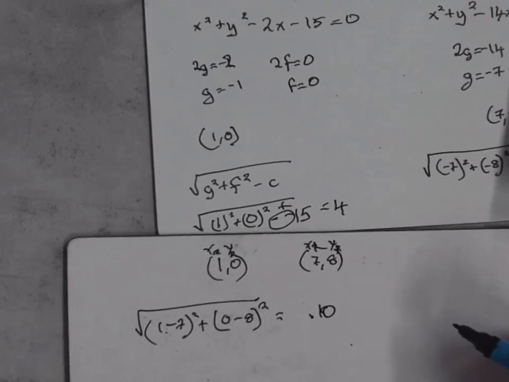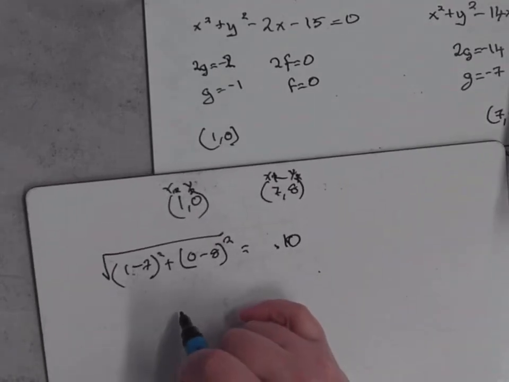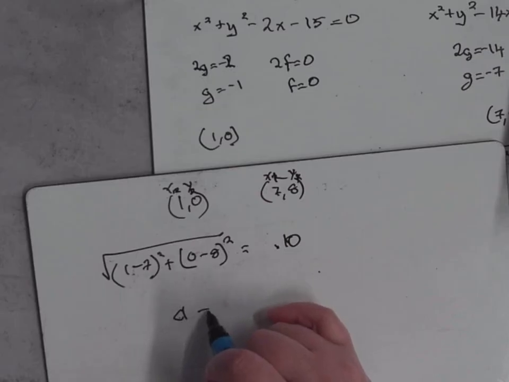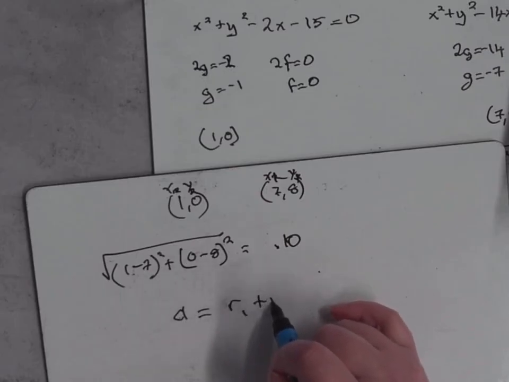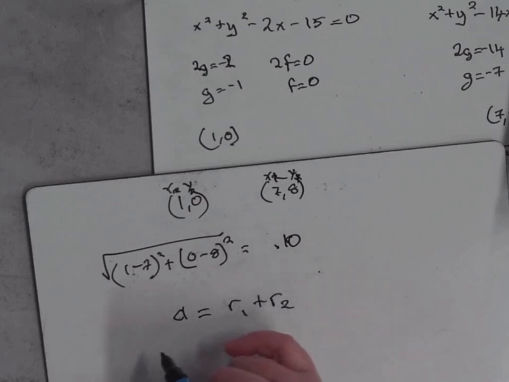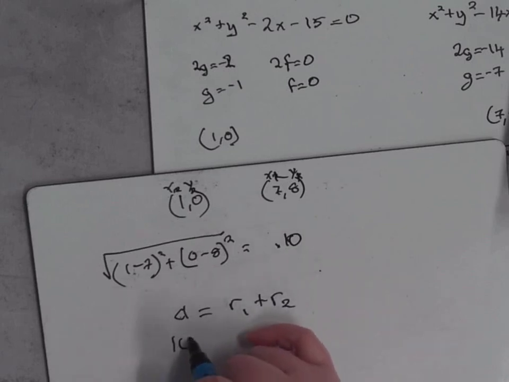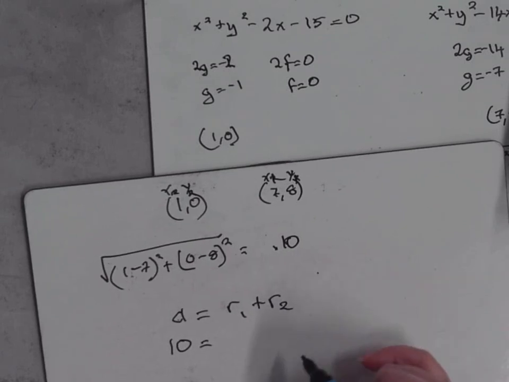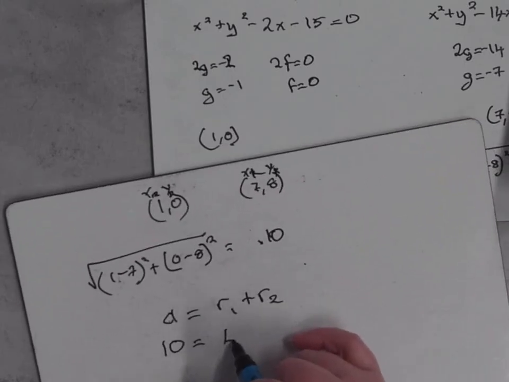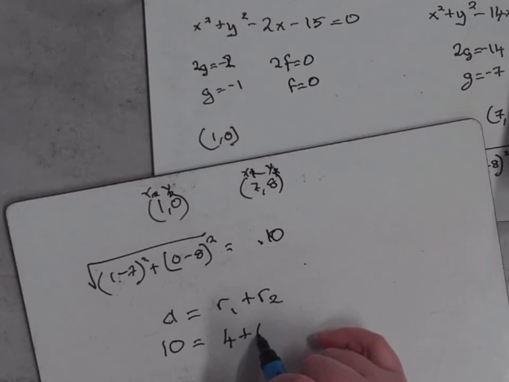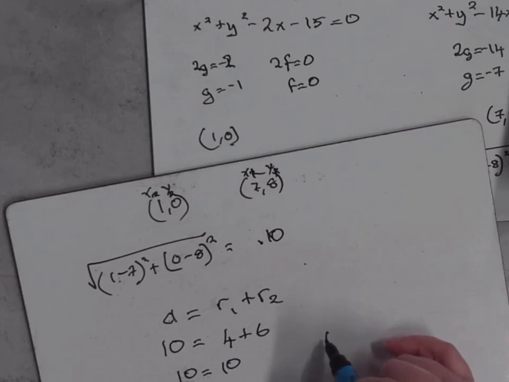Okay, and then you have to prove they touch externally. So that means the distance between the centres is equal to R1 plus R2. You need to write this bit down, right? So you need to write 10 equals R1, which turned out to be 4, plus R2, which turned out to be 6, and you need to write 10 equals 10, and that means they touch externally.